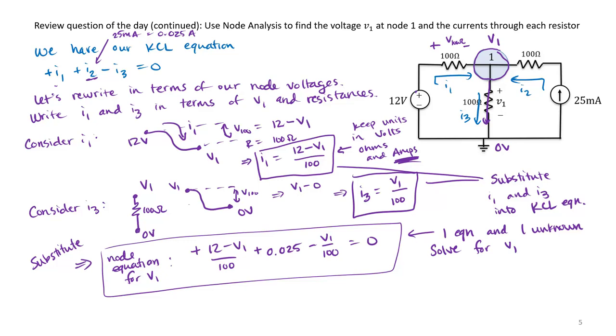So if we just multiply both sides by 100, we end up getting 12 minus V1 plus 2.5 minus V1 equals 0. We combine terms, we get 14.5 minus 2V1 equals 0. We determine that V1 is equal to 14.5 divided by 2, which is equal to 7.25 volts.